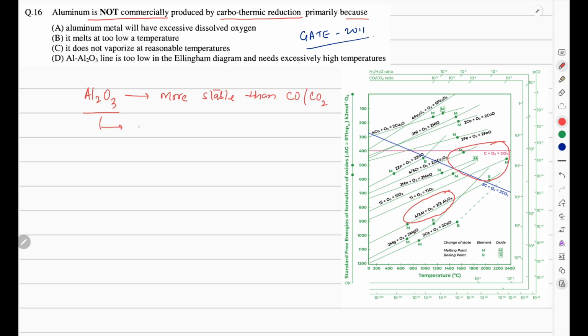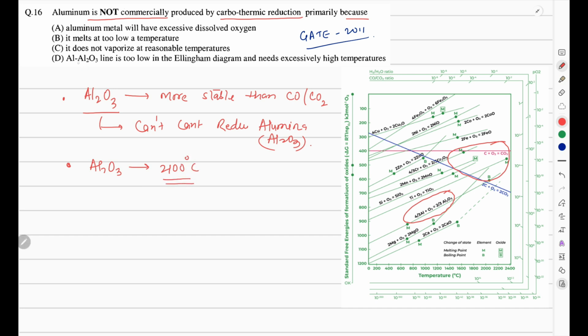So carbon can't reduce alumina, that is Al2O3. Also, due to the high stability here, the alumina melting point is around 2100 degrees Celsius, which is too high.